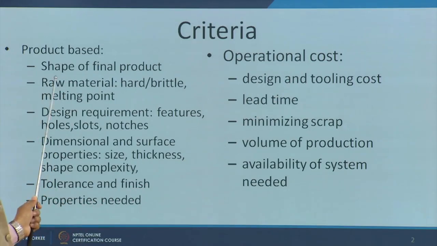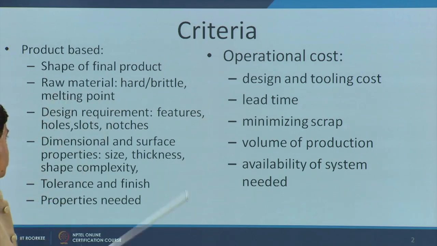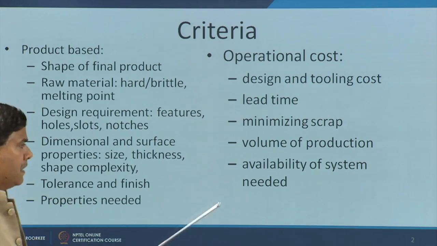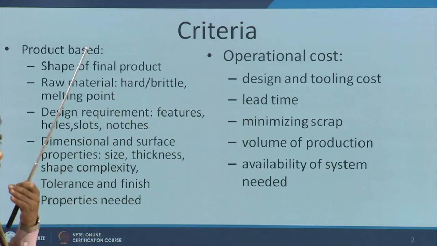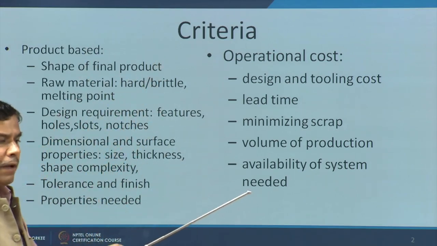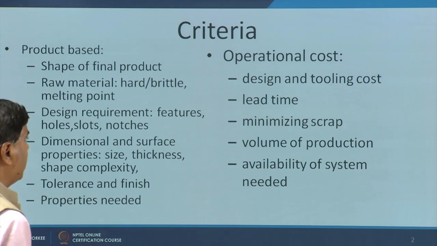So, if we see the shape of the final product, the raw material to be processed, the design requirements like features, holes, slots, notches etc. to be achieved, the dimensional and surface properties in the form of size, thickness and shape complexities, the tolerance and finish to be achieved, and the properties needed in the components, like a very high strength to weight ratio or very good surface properties, while interior properties may not be that important.